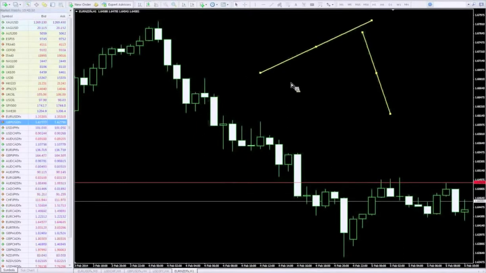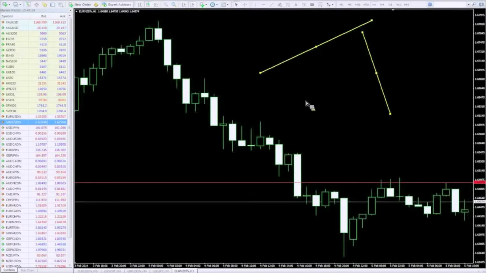Now, keep in mind, for those that are new here, my definition, Uncle Lou's definition of price action is the natural movement of the market made up of consistent, repeatable patterns. As you can see, this push down, pullback, push down, pullback, push down, pullback, push down, pullback. It's consistent and it's repeatable.